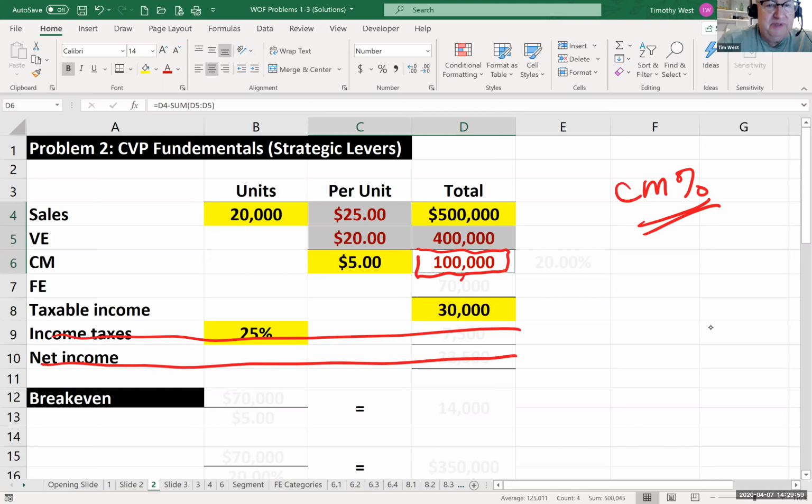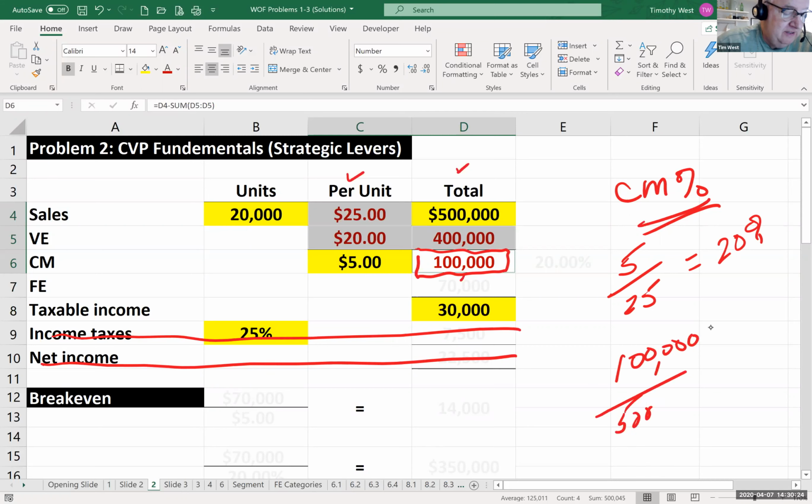Matt just said something really important. I can calculate that contribution margin percentage at either the per unit level or the total level because they're in the same proportions. If I took the 5 divided by the 25, I would get 20%. If I took the 100 divided by the 500, I would also get 20%.